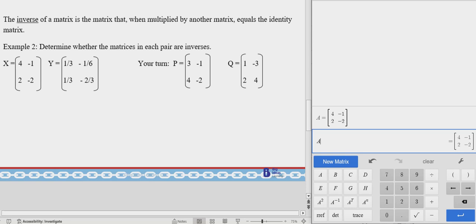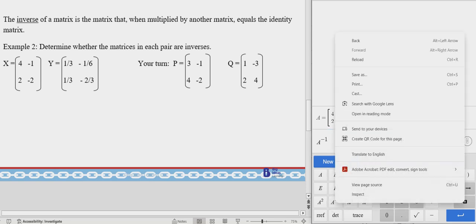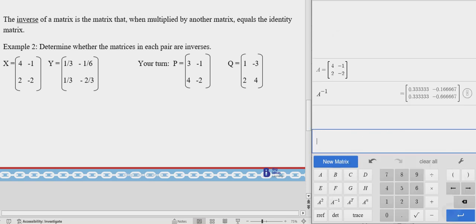So if I want to find the inverse of matrix A, I tell it matrix A, and then this button right here gives me inverse. So there's my inverse. The calculator will also convert that into fraction form for you.